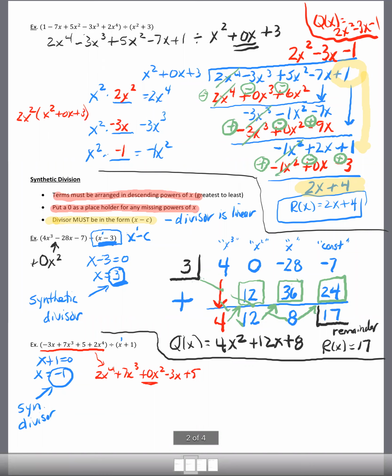So out here in the division, the divisor here, we've already decided that's a -1. And we've looked at our dividend, and now in the order that it comes, it should be a 2, then a 7, then a 0, then a -3, and then a 5.